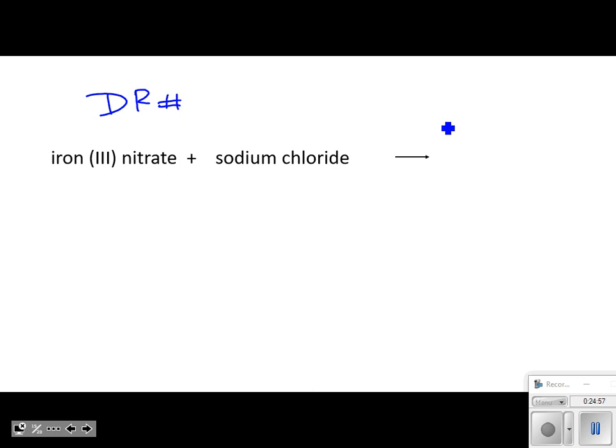So I'm going to find my formulas. Iron 3 plus, nitrate's a 1 minus. So iron 3 nitrate. Sodium 1 plus, chlorine 1 minus. NaCl.